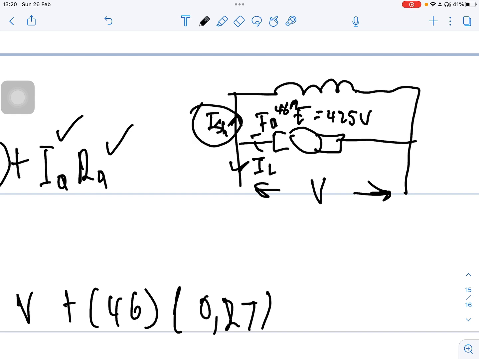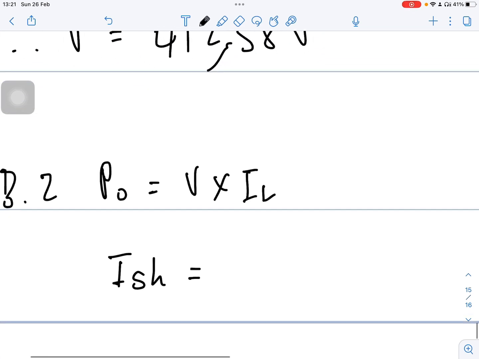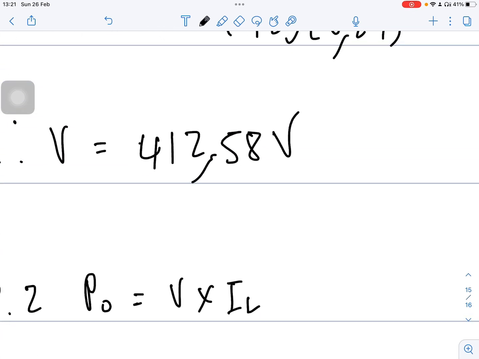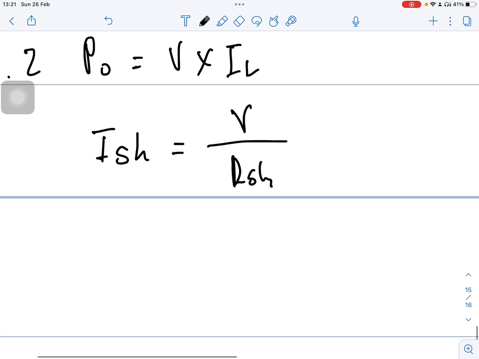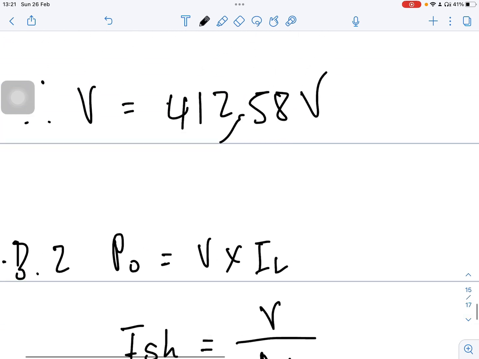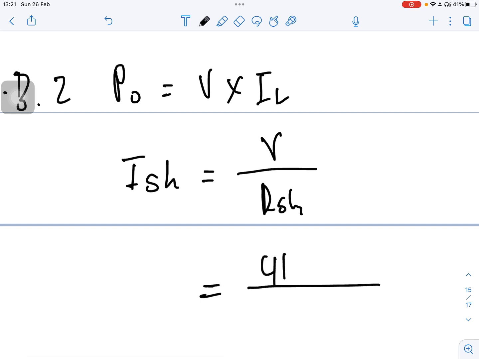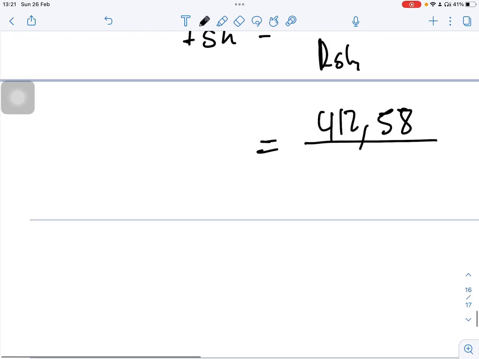We can calculate I shunt. I shunt is given by the terminal voltage V over R shunt, which is 412.58 over 200.